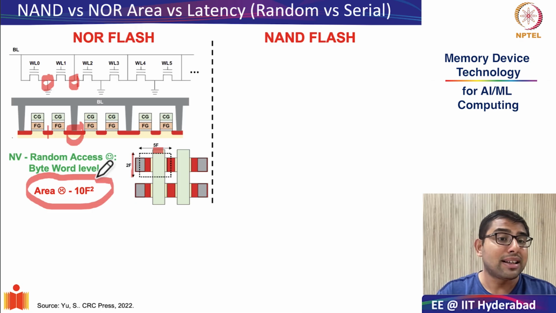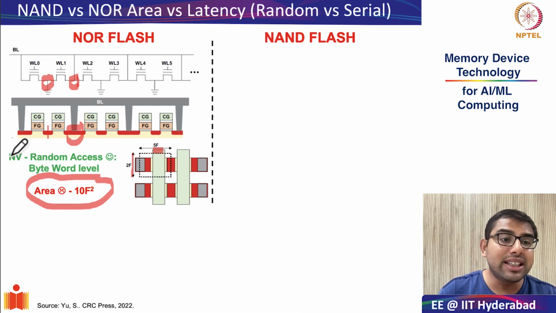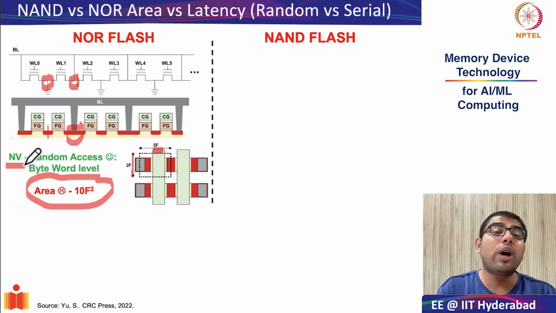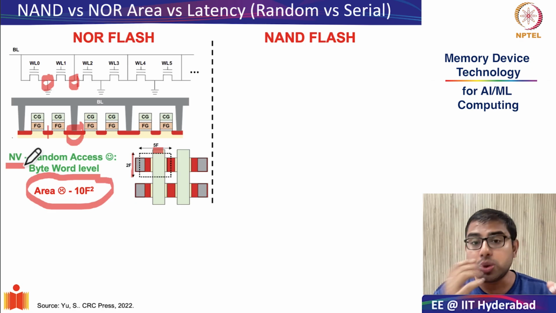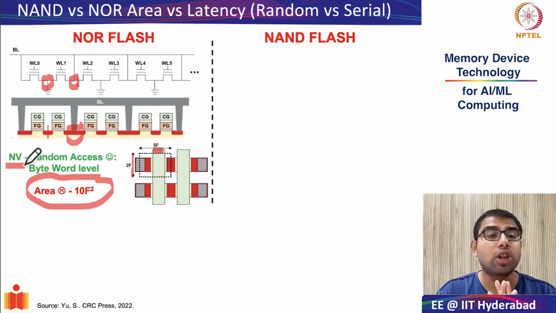Okay, but there is one thing that DRAM does not offer, which positions NOR flash for certain niche applications that we will discuss, and that is the ability to have non-volatile access. Remember, DRAM is essentially volatile. Once you switch off power, the data is lost. But in NOR flash cell, the data is non-volatile. What is the price you pay versus DRAM? It is the area. Area increases from 6F squared to 10F squared.